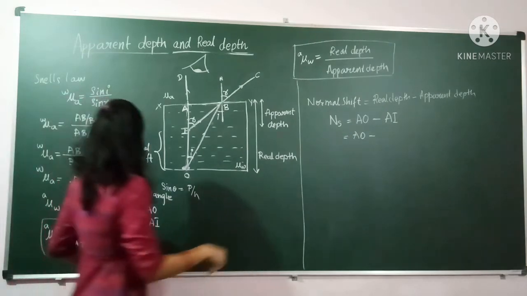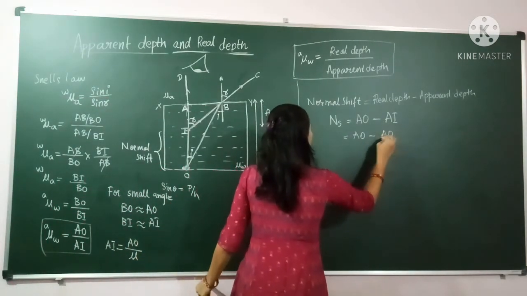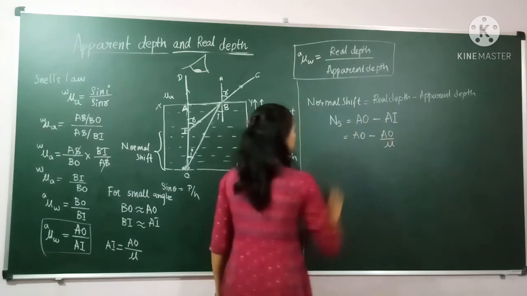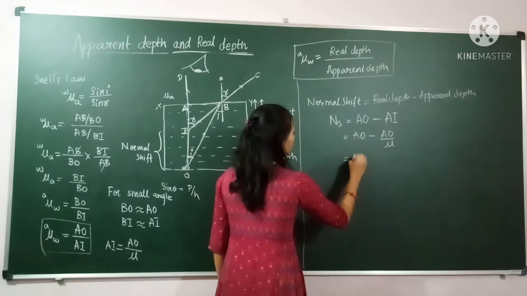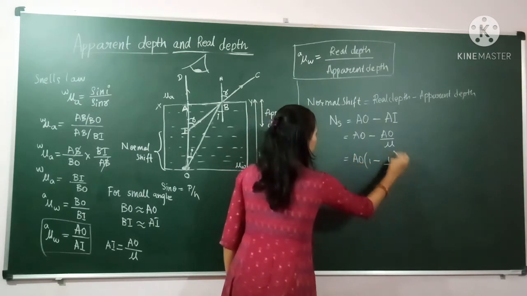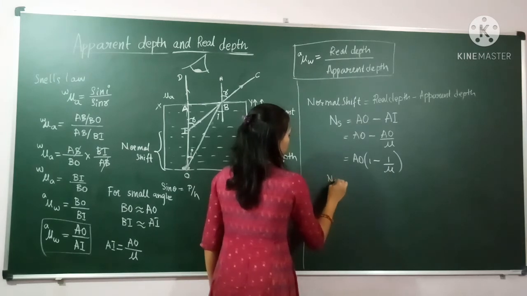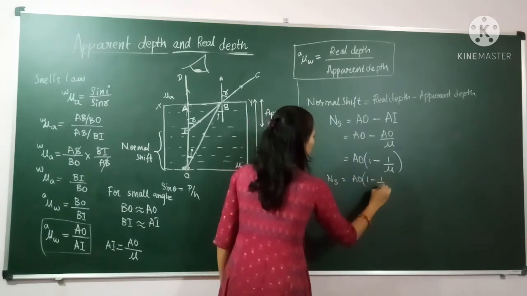So I will write here AO divided by refractive index. Next, AO is common on both sides: AO times 1 minus 1 by mu. Therefore, normal shift is equal to AO times 1 minus 1 by mu.